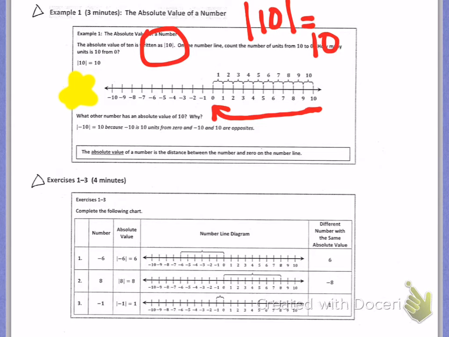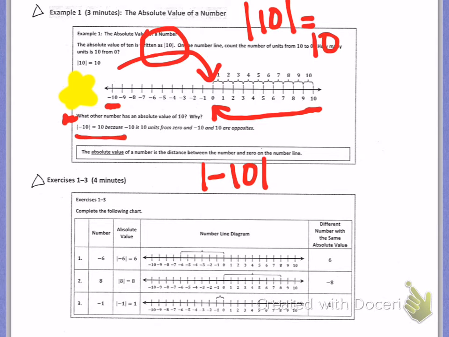Now, another thing down here shows: what other number has the absolute value of 10? Well, negative 10, because with negative 10, how many spaces to 0? It's going to be 10 spaces.